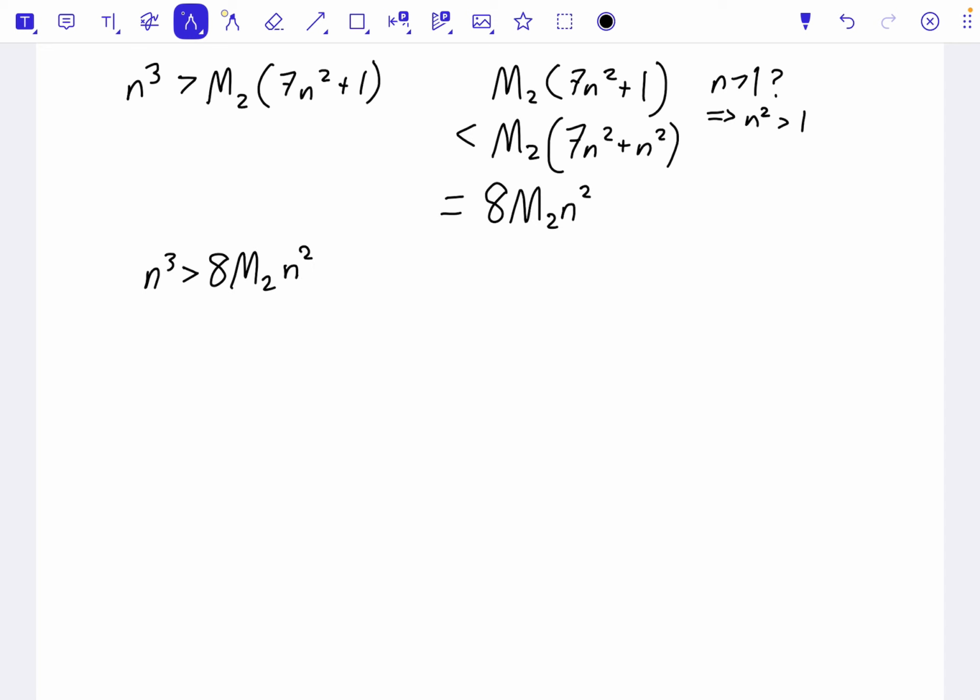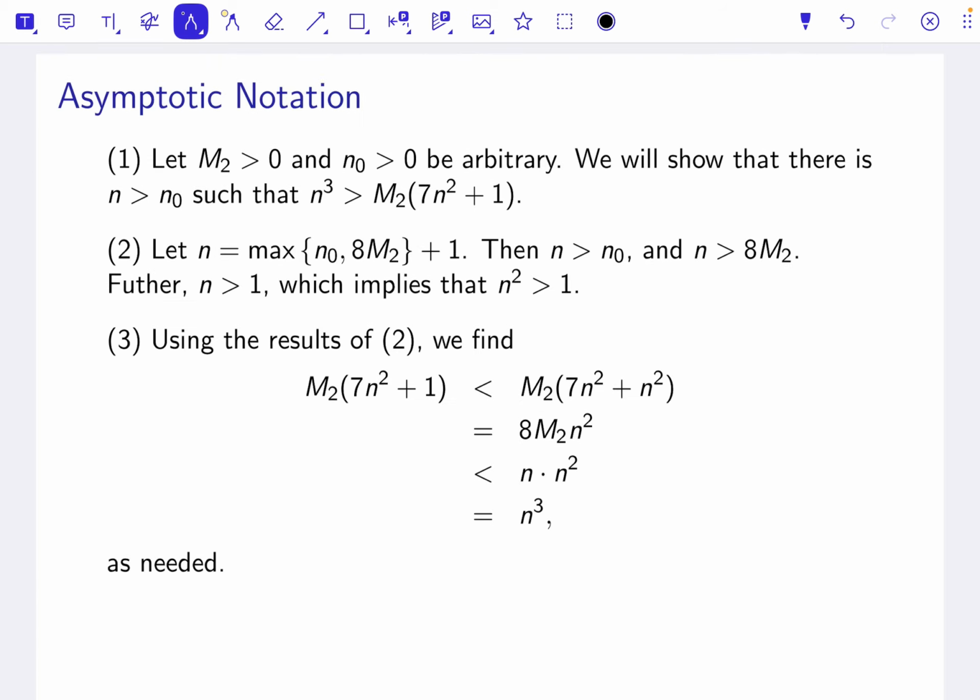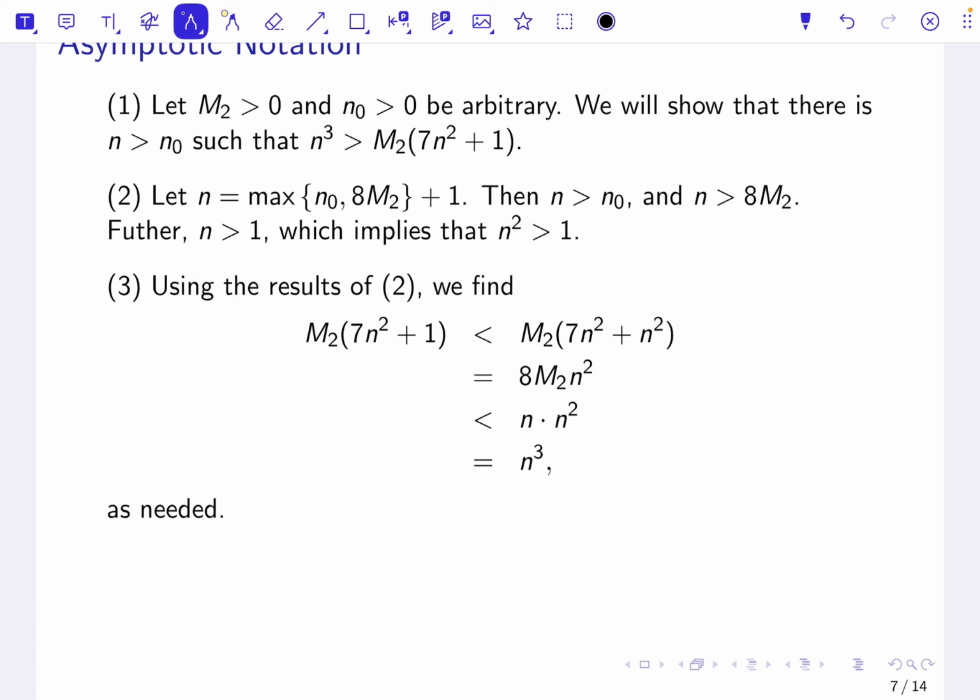I'm going to just divide both sides by n squared to get n being greater than 8m2. So for setting n, we got that it has to be greater than 8m2.